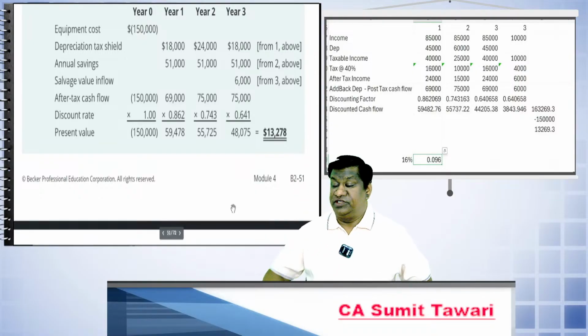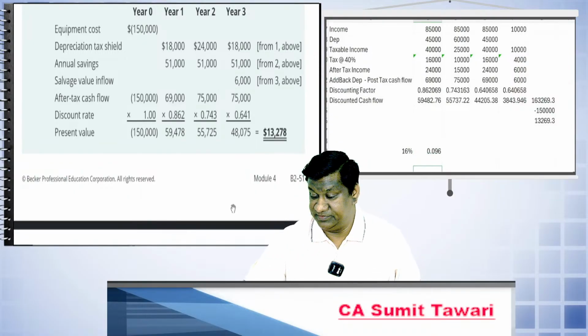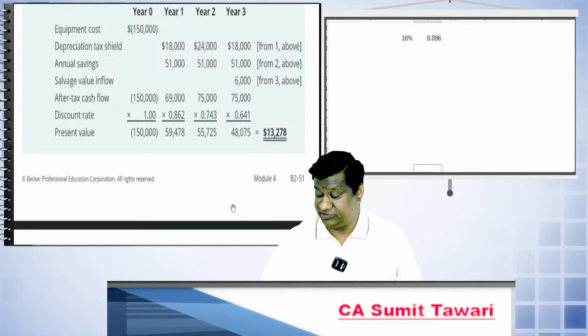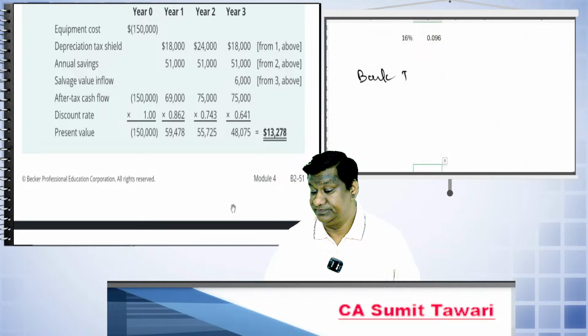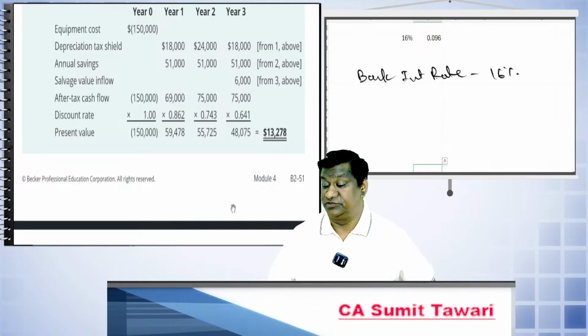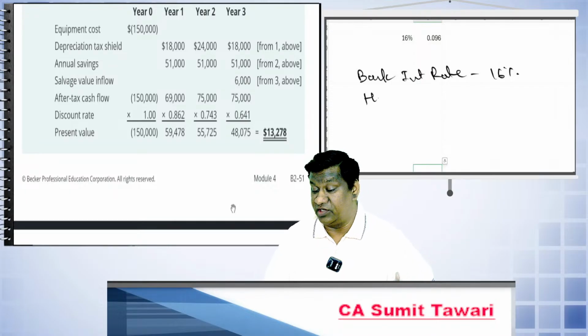Okay, are you able to understand what I'm trying to explain? Like if in the question it is given the bank interest rate is 16% and entire amount is financed with a bank interest. So what is your hurdle rate?